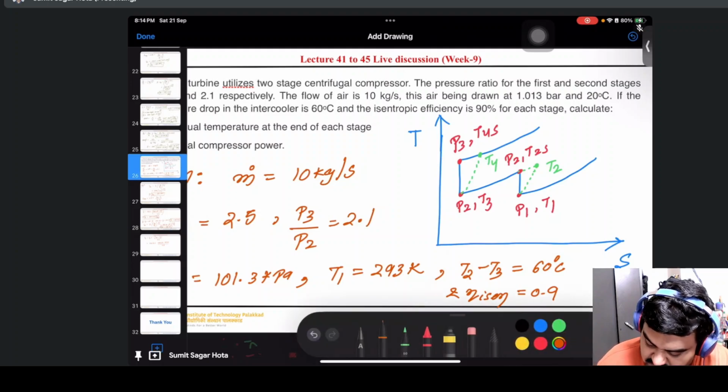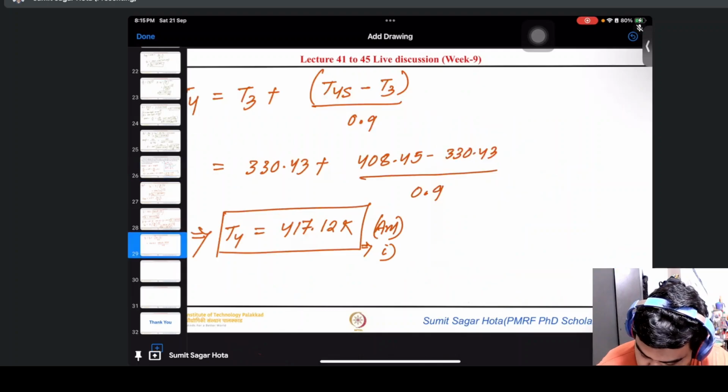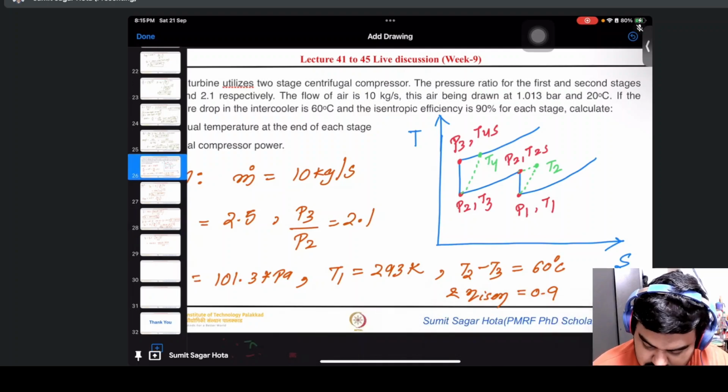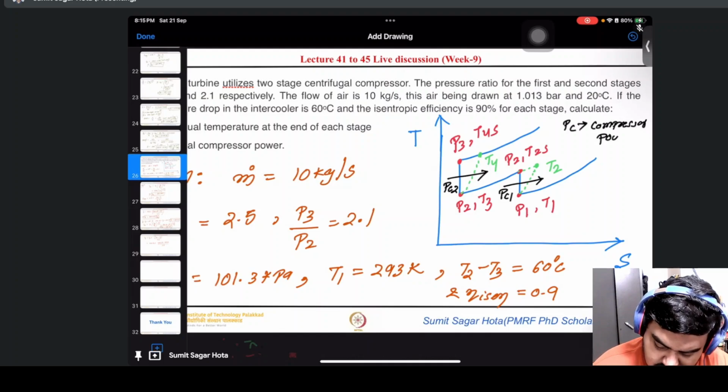So basically, this is your PC2 and this is your PC1. PC is your compressor power.